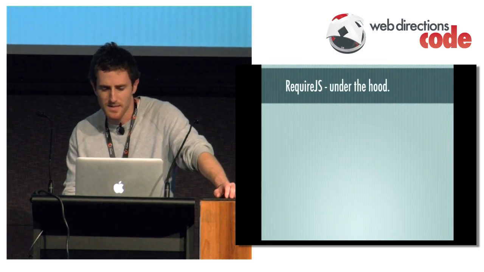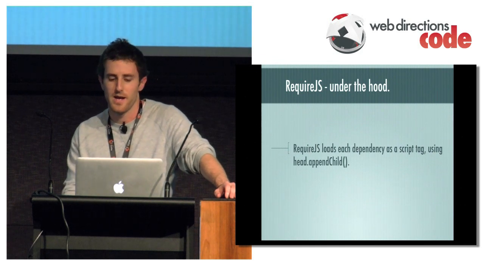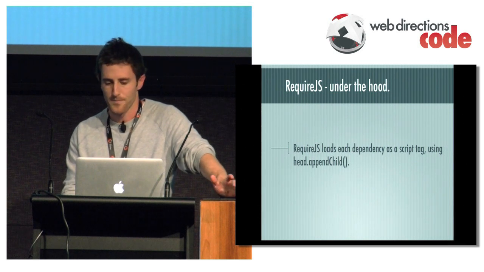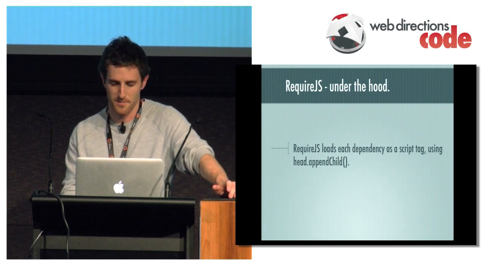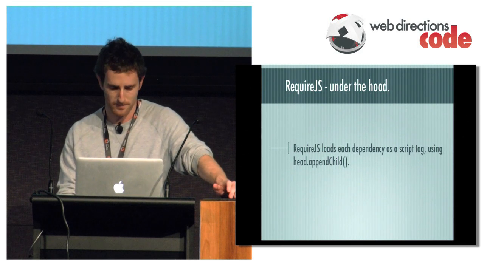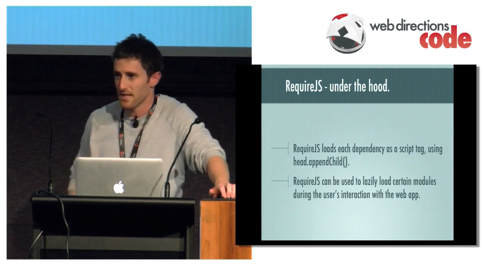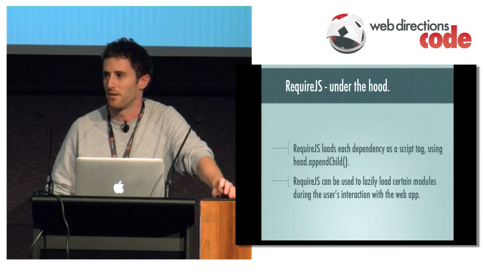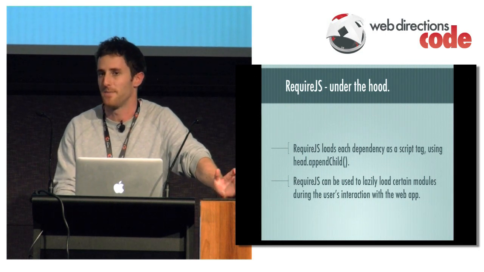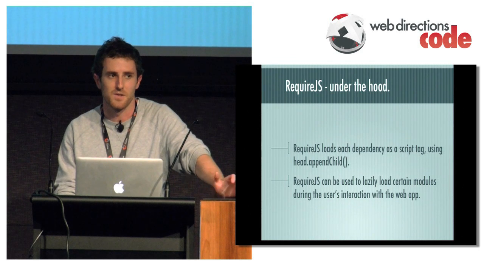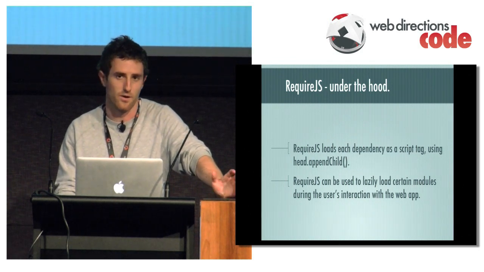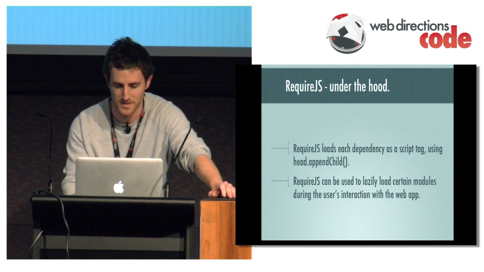Under the hood, what's actually happening is Requirejs is creating a heap of script tags dynamically, putting those into the head and letting them load up. So it basically gets to the same point that you would have had if you had statically written all of your include script tags yourself in the HTML, except that the concerns are in the right spot, as in JavaScript, not in the HTML or on the developer knowing how to do that themselves.